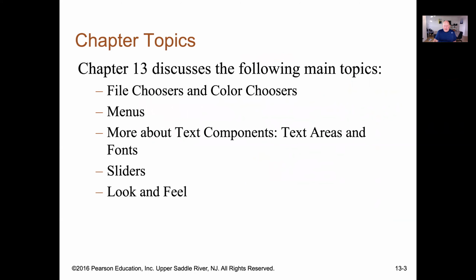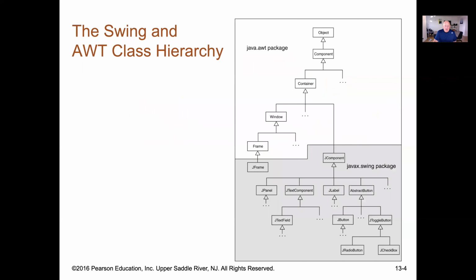We're also going to take a look at file choosers and color choosers, menus, more about text components, text areas and fonts, sliders, and the look and feel. This is all dealing with advanced graphical user interfaces. So this is the Swing and the AWT class hierarchy. You can take a look at this. This is the javax.swing package.